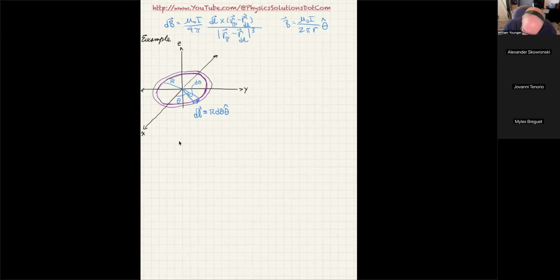Now, according to the law of Biot-Savart, we not only need a dl vector, we also need an rp vector and an rdl vector. And what we're trying to calculate is the magnetic field a distance z up above the xy plane. So what I'm saying is this point right here is the point P at which we wish to know the magnetic field. So that vector RP is the vector that points from the origin to that point.